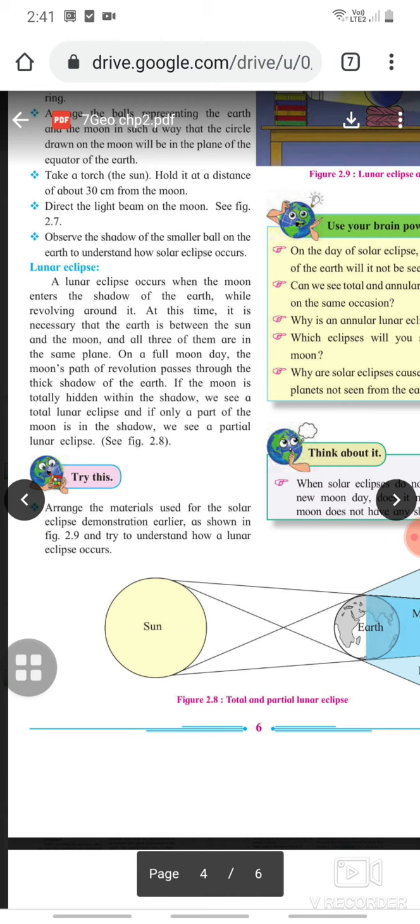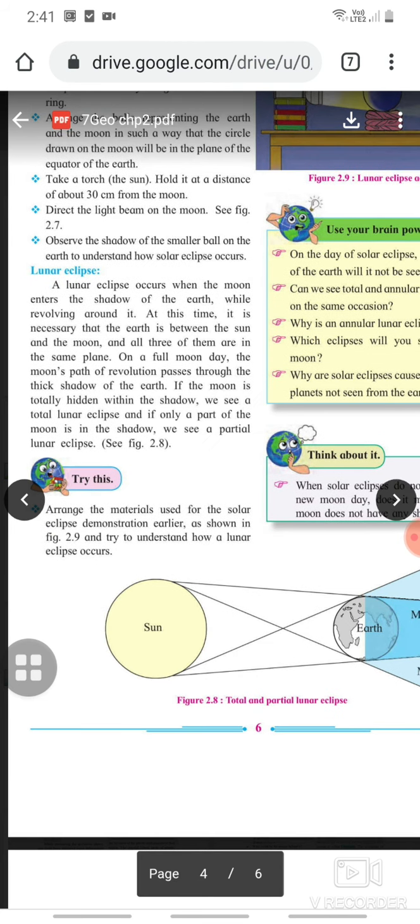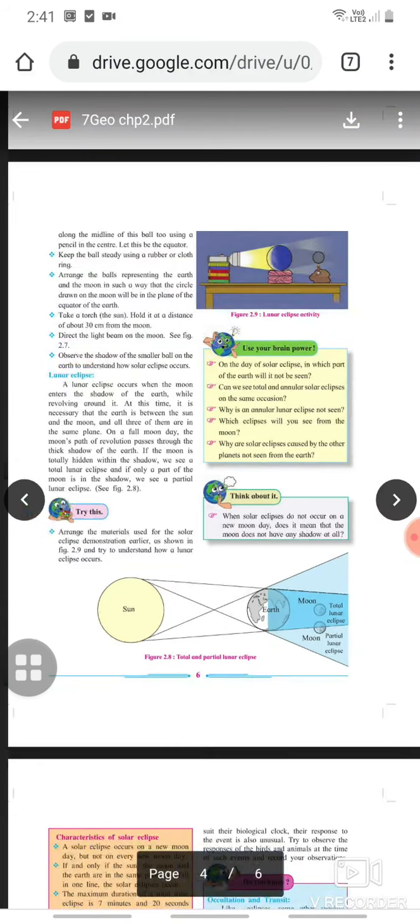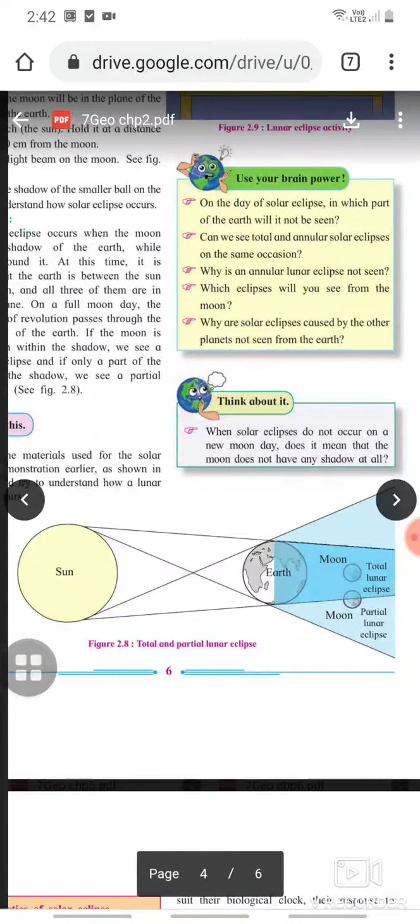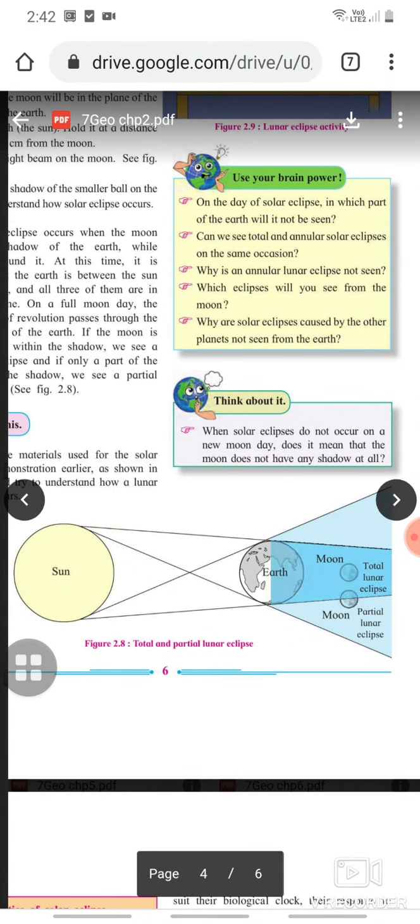If the moon is totally hidden within the shadow, we see a total lunar eclipse, and if only a part of the moon is in the shadow, we see a partial lunar eclipse, as we can see in figure 2.8. See, partial lunar eclipse.